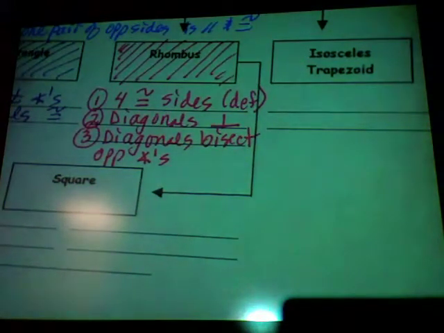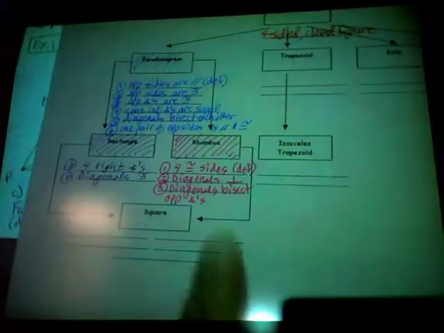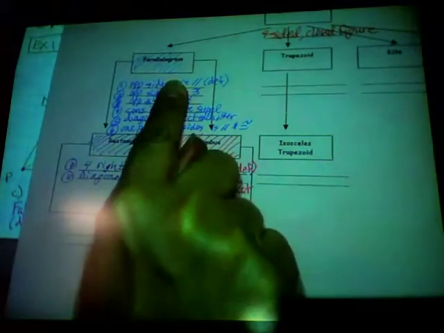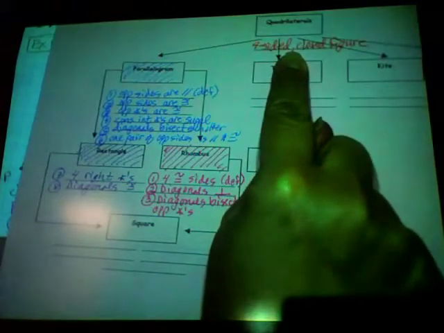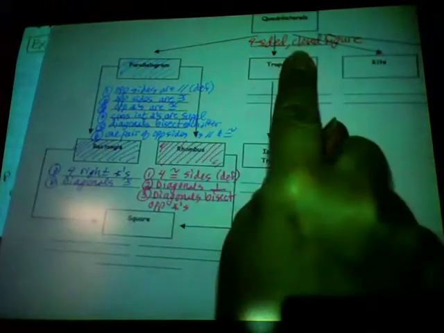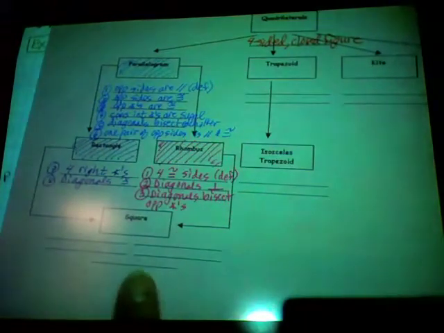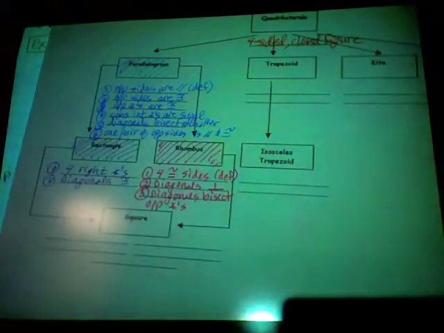So if I back this up, this rhombus includes these 3 things, plus those 6 things, plus that, right? So a rhombus has 10 characteristics to it.